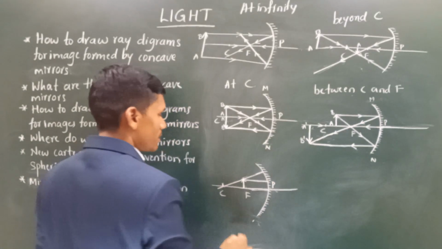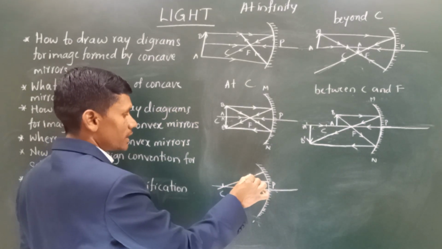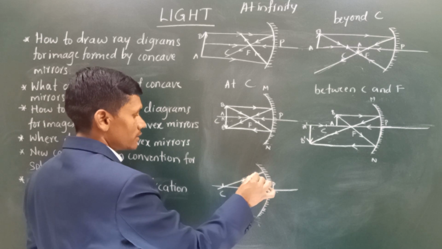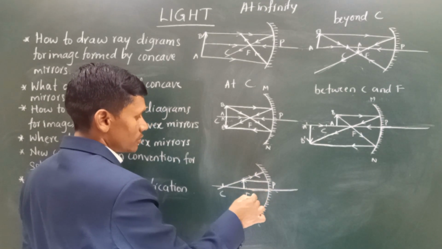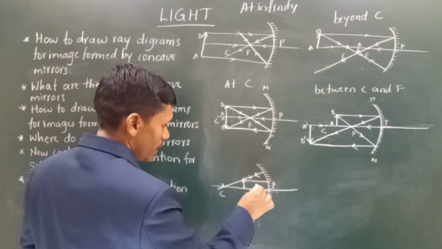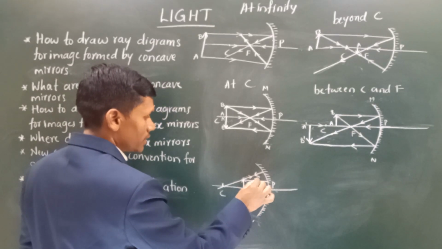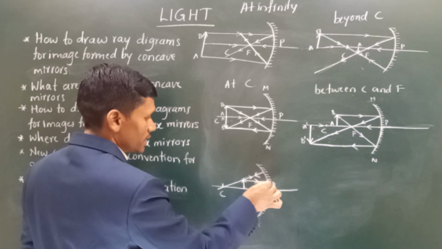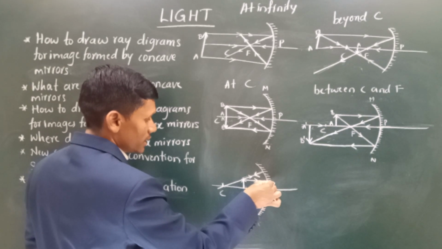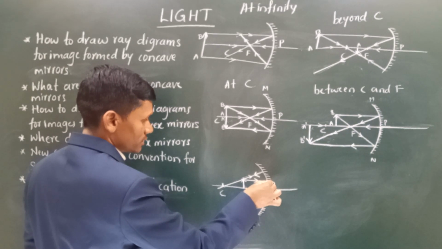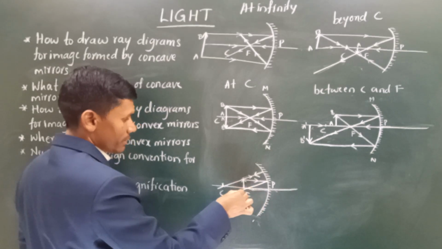A ray which is passing through the center of curvature, after reflection, follows the same path. A ray which is passing parallel to the principal axis should pass through the principal focus after reflection, right? So what happens here?